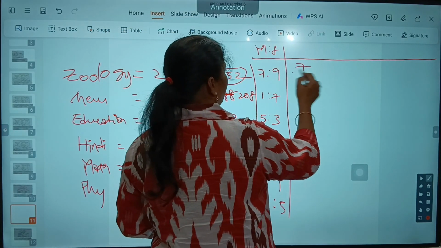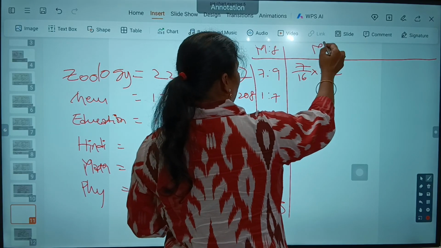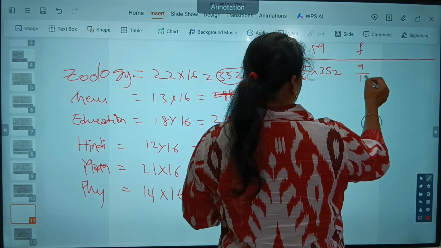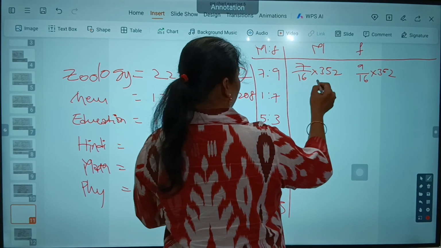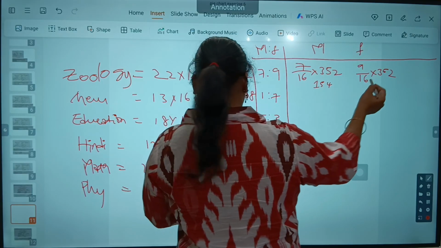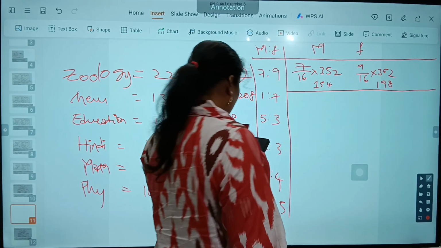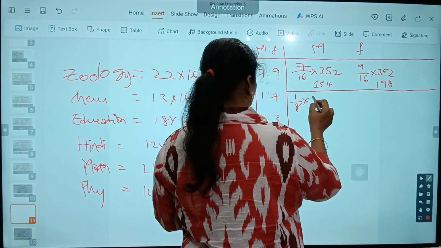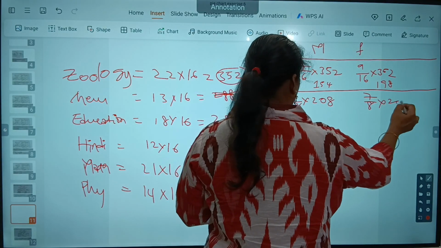Now the ratio calculation we will do for these values. Okay, 7 by 16 into 352, male, and female, 9 by 16 into 352. This is nothing but 154. This is 198. For the second value, it is 1 by 8 into 208, 7 by 8 into 208.